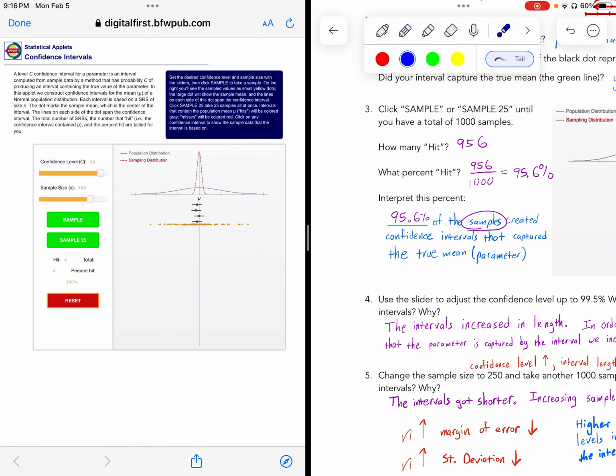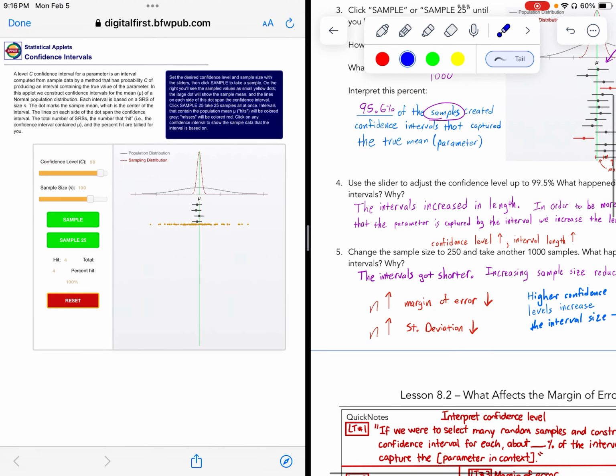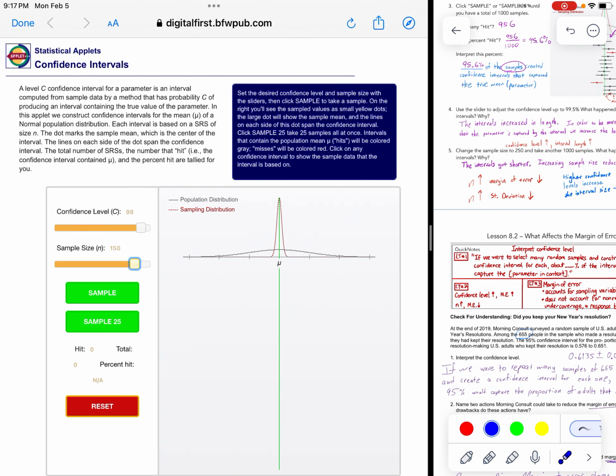The notes wanted us to increase it to a sample size of 250. Let's see if I can get my slider to 250. Oh, that's all the way over. Look at the red dotted line, the red normal curve here, as I increase sample size. There it is now.